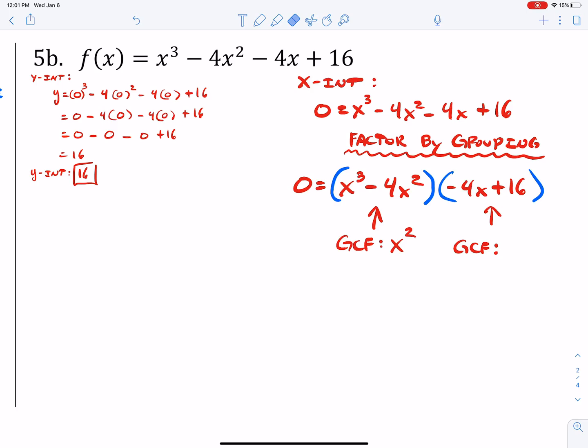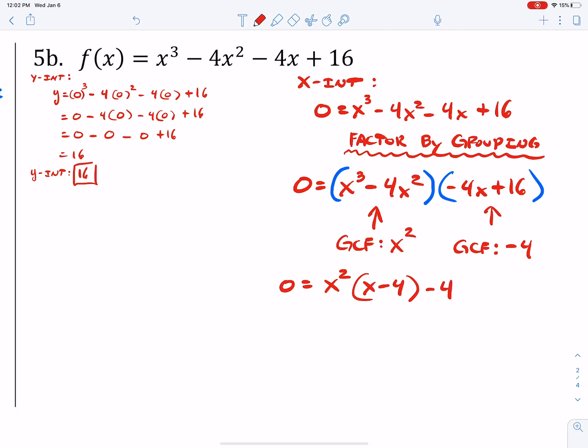Well, negative 4 goes into both of those. So now that I know my greatest common factors, I can write it out. So I have 0 equals, I have my x squared, that was my greatest common factor, times x minus 4, right? I pulled that out. So if you redistributed the x squared, you would have gotten what you had before you factored it.